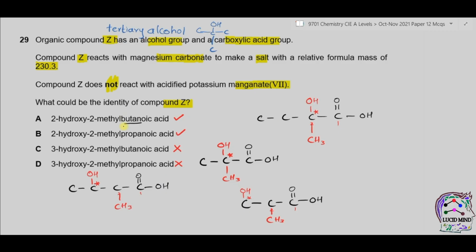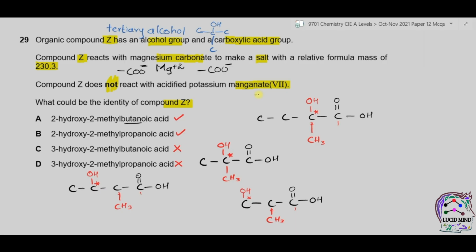Now among A and B, we can find out which reacts with magnesium carbonate to make a salt with relative formula mass of 230.3. Now in magnesium carbonate we have Mg 2+, while in the carboxylic acid group we have COO negative. It means that 2 carboxylic acids will be needed for 1 magnesium atom to balance the charges.